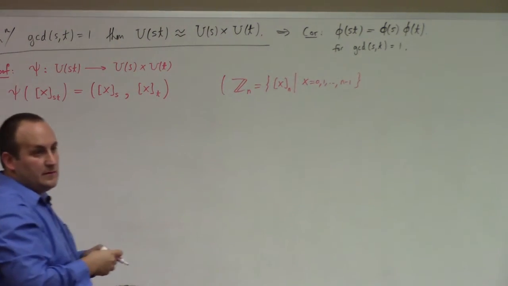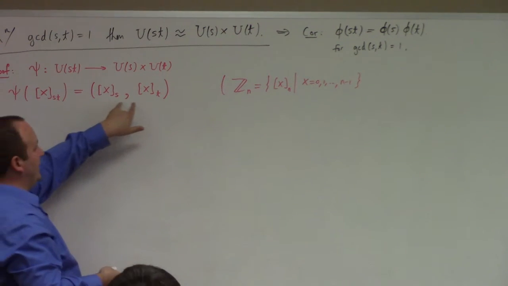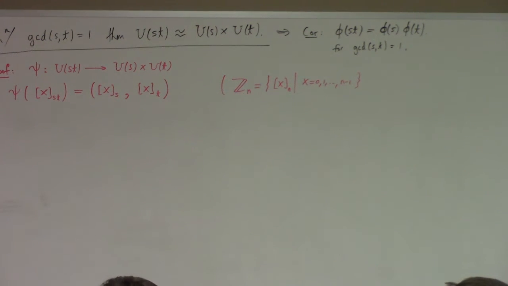That's what I'm doing, because we're going to work with equivalence classes mod st, mod s, and mod t all at once. It's important to explicitly denote that in order to make sense of the proof, right? That's my proposed isomorphism. So what do we need to do to show that that's actually an isomorphism?